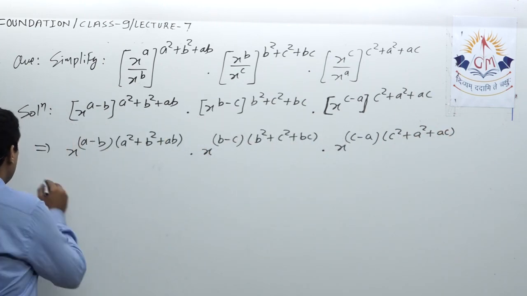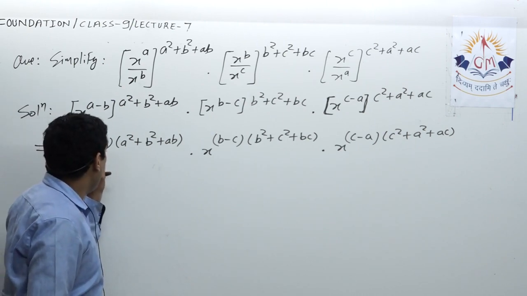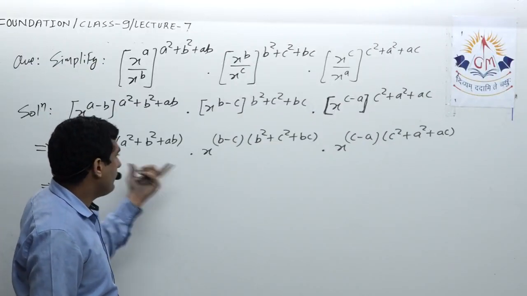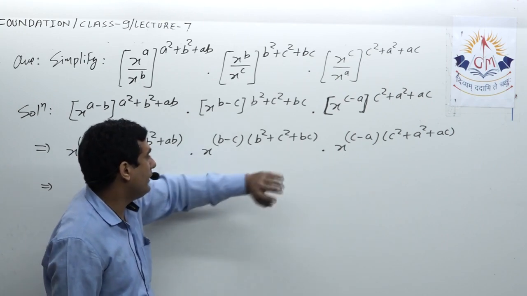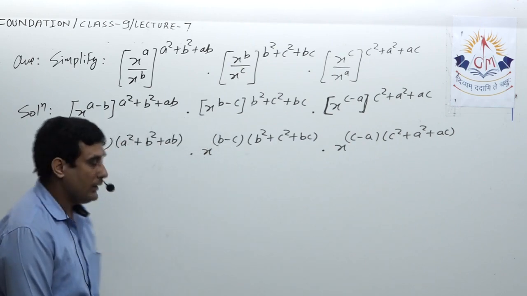Okay, after that there are two ways to solve this. The one way is that if I multiply all these terms, definitely some terms will cancel out, and after all we have to check what we are getting finally. Over here again we have to multiply, here again we have to multiply. This is the one thing.